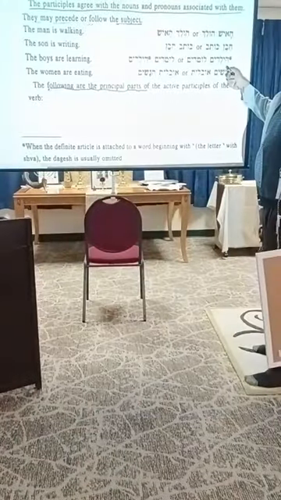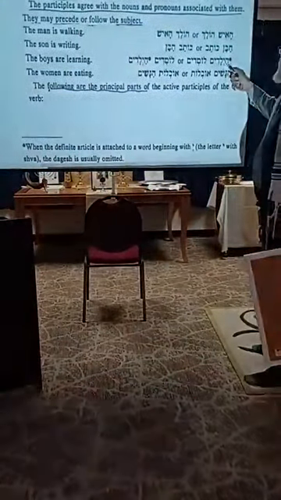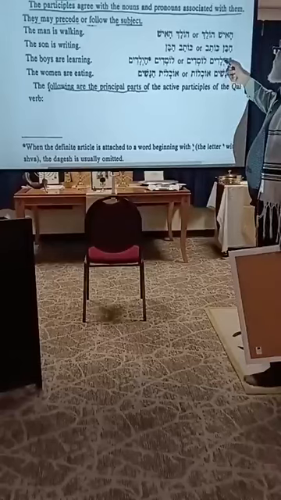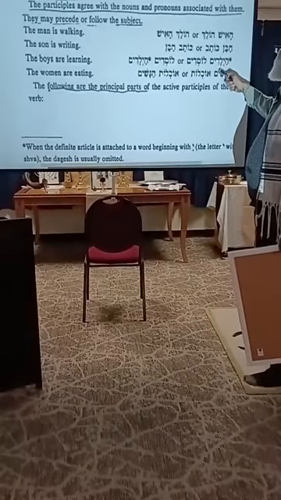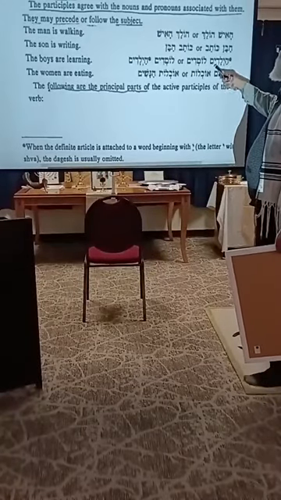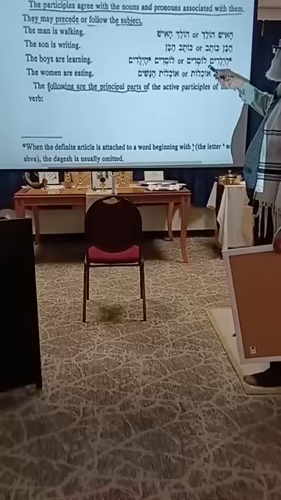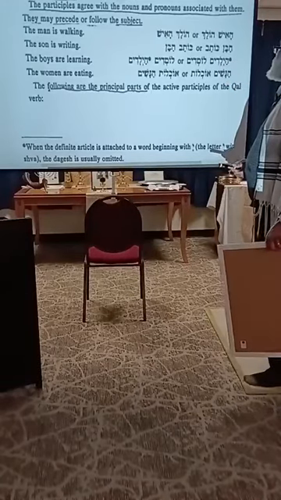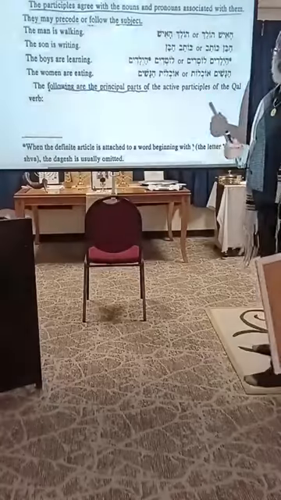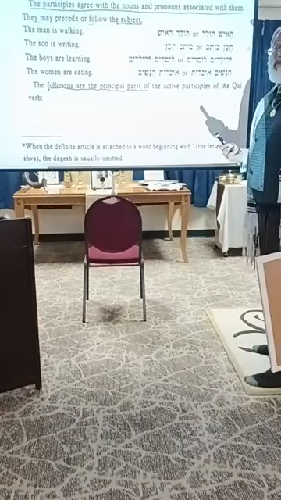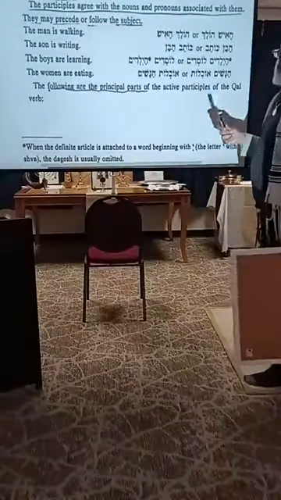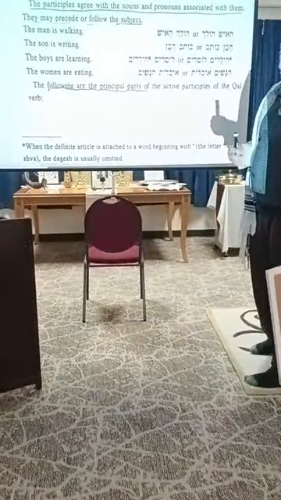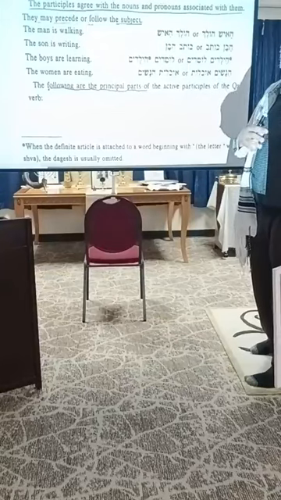Ha means the. We have yod, lamed, dalet, the yod and the mem. Yeled means boy. As a verb, yalad means to give birth. But as a noun, it means boy.